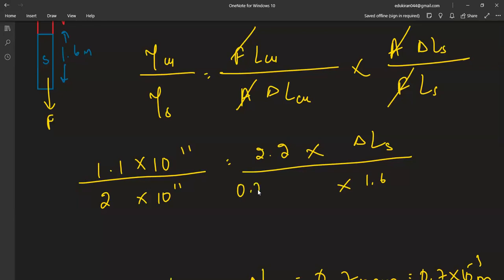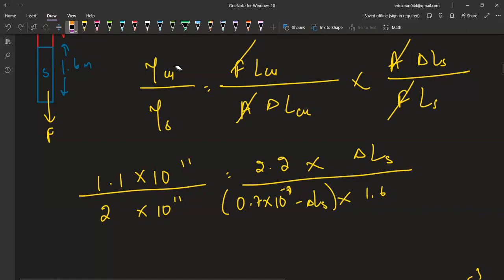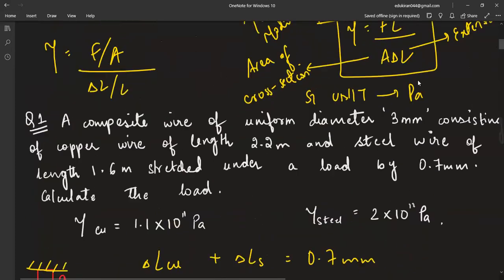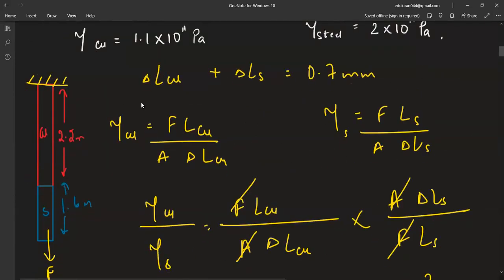Put this in the formula, keeping delta L_S as the variable. Now this is a linear equation in one variable. You just have to find the value of delta L_S. Once it is found, since the question was to calculate the load, that is force, you can put it in any of the formulas and get the value of the force. This is how you have to go about it.